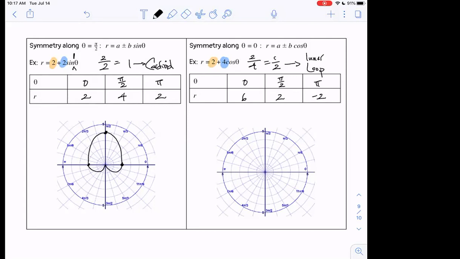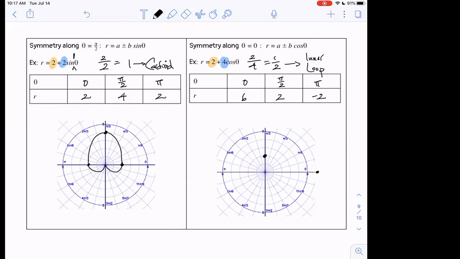So this gives us a few points to at least plot and get started. At 0, I'm going to go out to 6, which is right here. Pi over 2, I'm going to go up 2. And at pi, I'm going to be at -2. So where is that point, -2 comma pi?